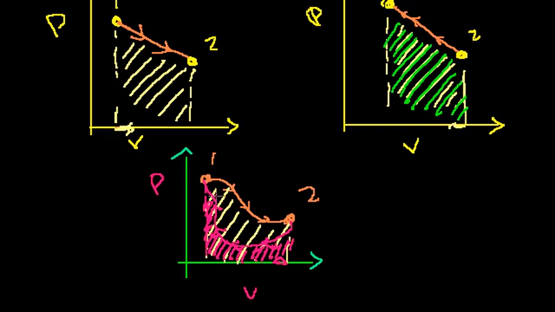Well, the work that the system did was this whole area under this brown curve. And then it had some work done to it, which is the area under this magenta curve. So the net work it did is essentially the whole area minus this red area. So the net work it did would be essentially just the area inside this loop. The area inside that loop.